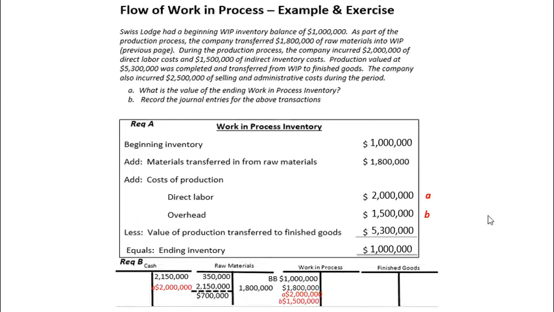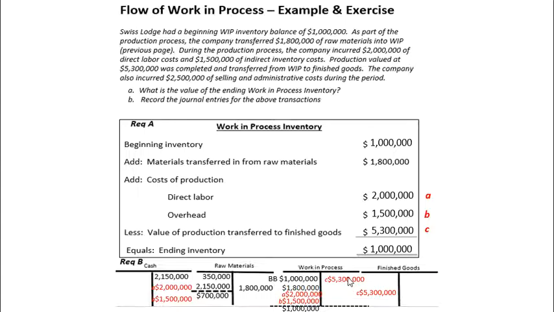So we take a look at entry B. We charge our overhead costs to work in process, again $1,500,000. And the amount that we paid in cash for our overhead was $1,500,000. Now we need to transfer the value of production to finished goods, and that's going to be entry number C. In the case of entry C, we're going to debit finished goods for $5,300,000, and we're going to credit work in process for $5,300,000.